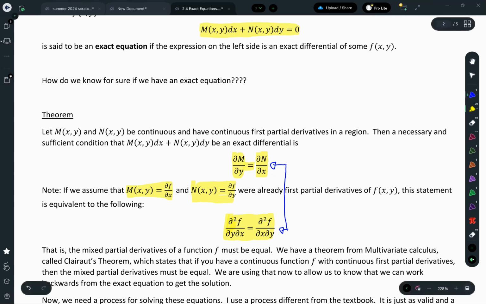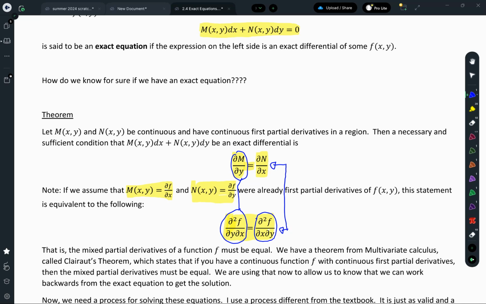That is what this is on the left, okay? And similarly for the partial derivative of N with respect to x, if N was already a first partial derivative with respect to y, then taking the derivative of it with respect to x now results in the second partial derivative of f, where we took the first partial with respect to y and the second partial with respect to x. Okay.